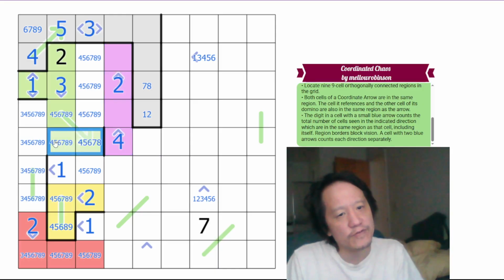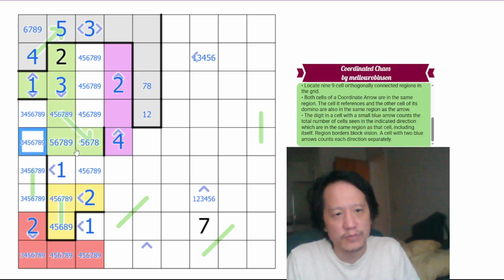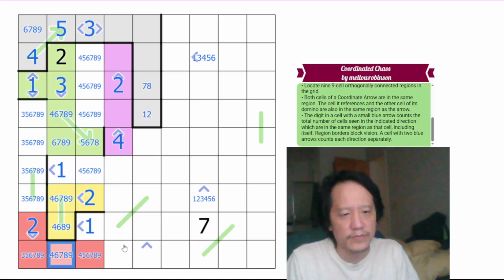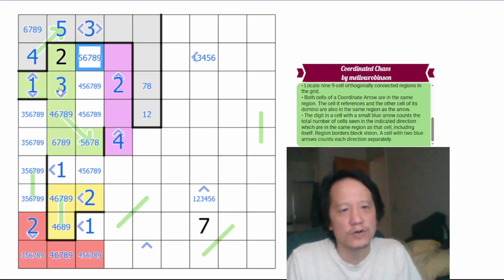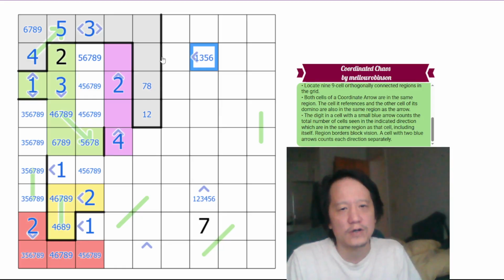So this cannot be 4 in the same row. This can't be 4. This can't be 4 in the same column. This can't be 5 in the same column. This can't be 4 in the same row. This can't be 4. This is a boundary here, therefore this must be 1.